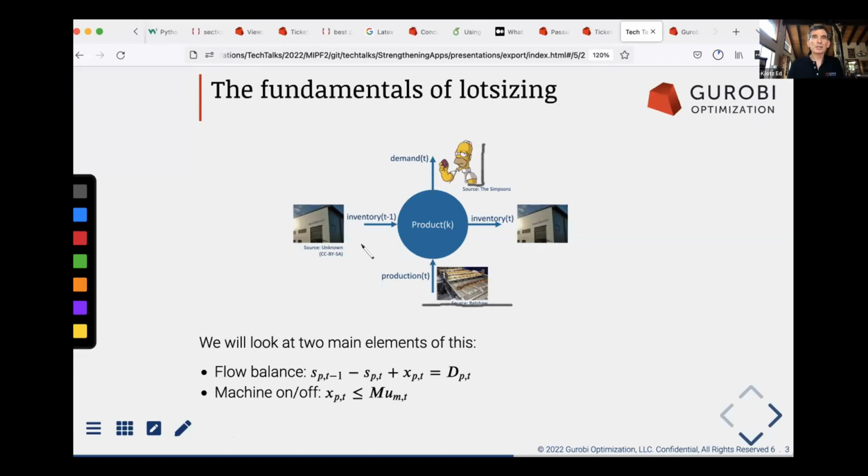You also frequently have available inventory from the previous time period, so you can use that to satisfy demand as well. You also have the option of taking some of the production and preceding inventory and moving it forward to future inventory.